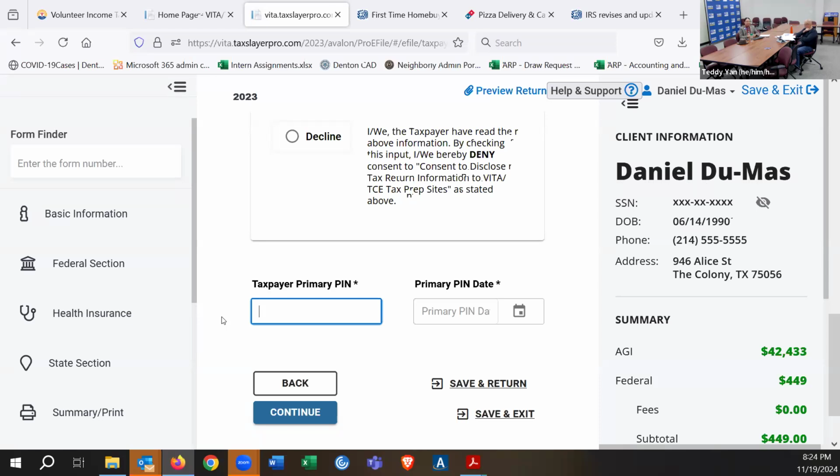In reality, you can just ask them, do you want to put any number here, or do you want me to just put your zip code? That's the way we did it, yeah. Technically speaking, they are the ones who are supposed to enter the code. But I've never seen where they actually get asked the taxpayer PIN.